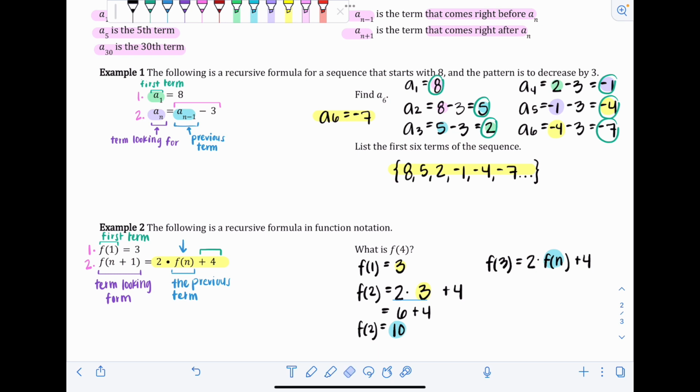So I'm going to erase the f of n and put 10 in there. And then we'll simplify, so we have to multiply first. So 2 times 10 is 20, and then plus 4. And then 20 plus 4 is 24, so f of 3 was 24.